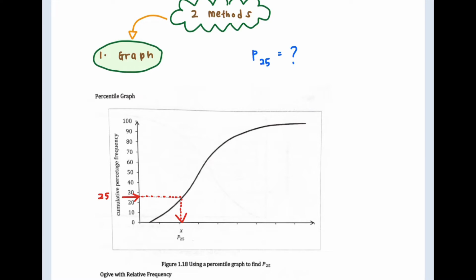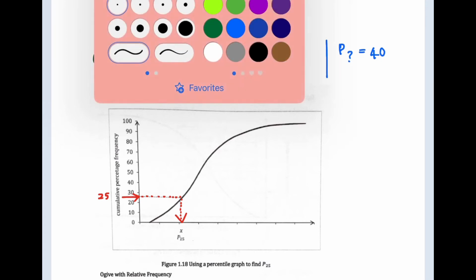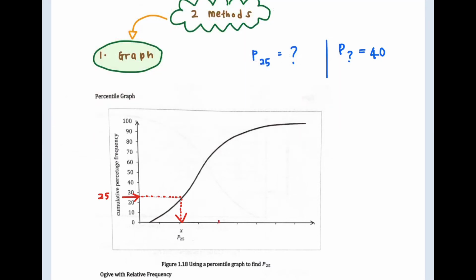Okay. If the question asks about the percentile rank, for example, what is the percentile rank for the data value 40? For example, this is the unknown. In which percentile does the data value 40 fall? Let's say, for example, this is the data value 40.